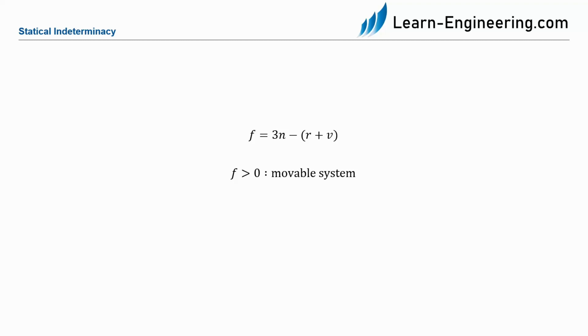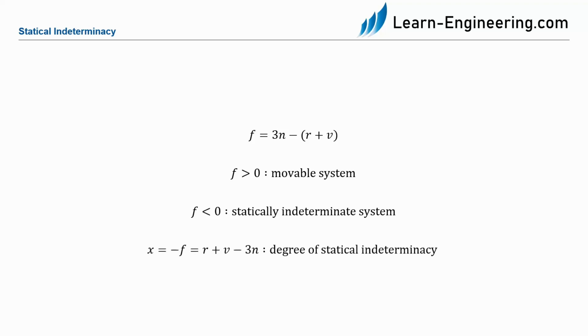If F is less than 0, we have more support or joint reactions than we actually need for the degrees of freedom, and thus a statically indeterminate system. For the static indeterminacy, there is the degree of static indeterminacy, here denoted by the variable x.